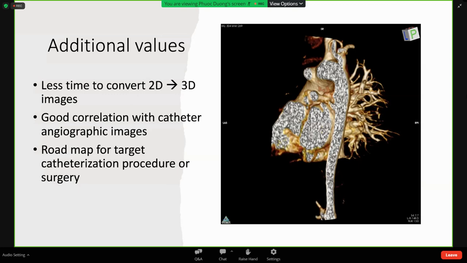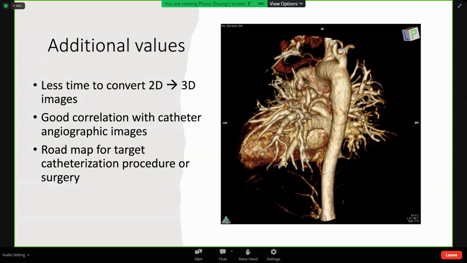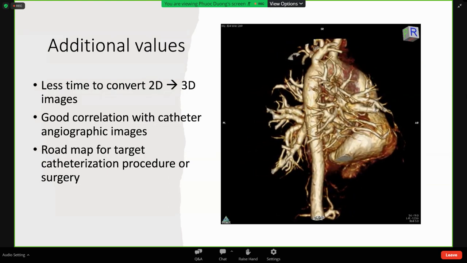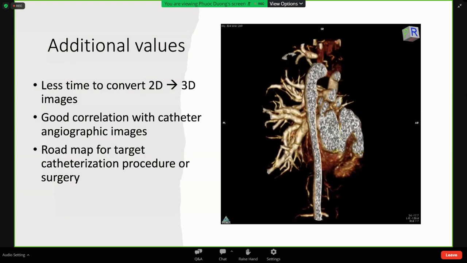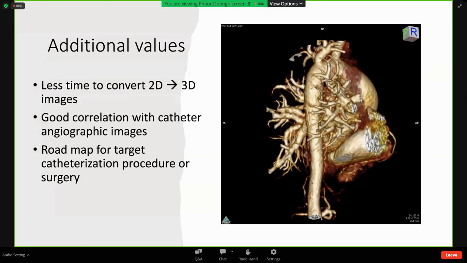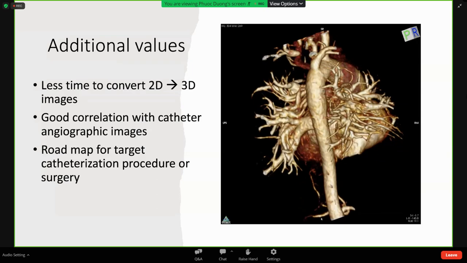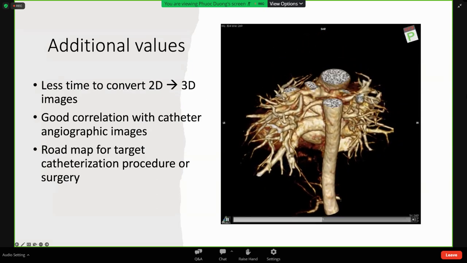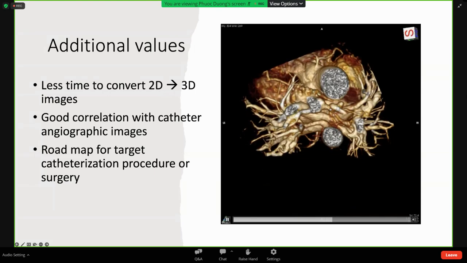With CT images, you don't need great expertise to interpret the MAPCAs, unlike in catheterization. With a clear data set, you can segment it and render it, and you can see the anatomy. In this case, the patient has been partially unifocalized through a central shunt.